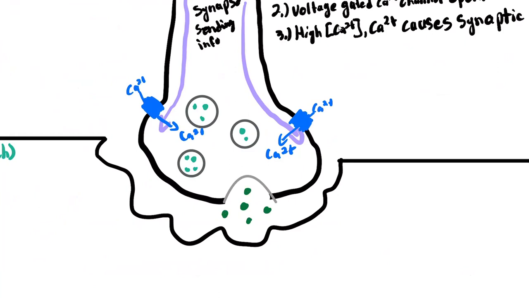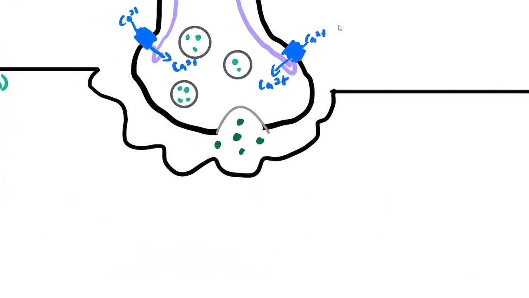So here's a picture of the synaptic vesicle letting out the neurotransmitters.